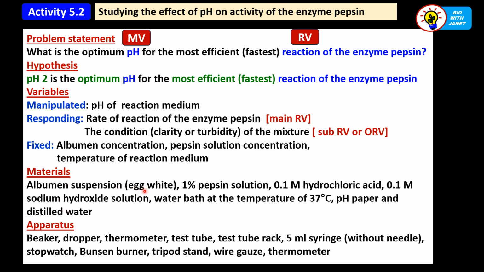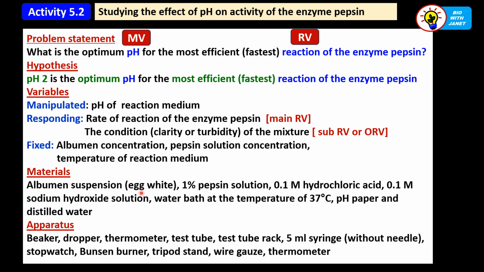Now let's go on to the materials and apparatus, and we will have a look at them on the next slide afterwards. So materials are albumin suspension, that is the egg white. Usually in the lab, the egg white comes in a powdered form, or the teacher may even prepare a suspension of the egg white from fresh eggs. Sometimes it's even boiled so that you can see the white proteins more clearly. But never mind.